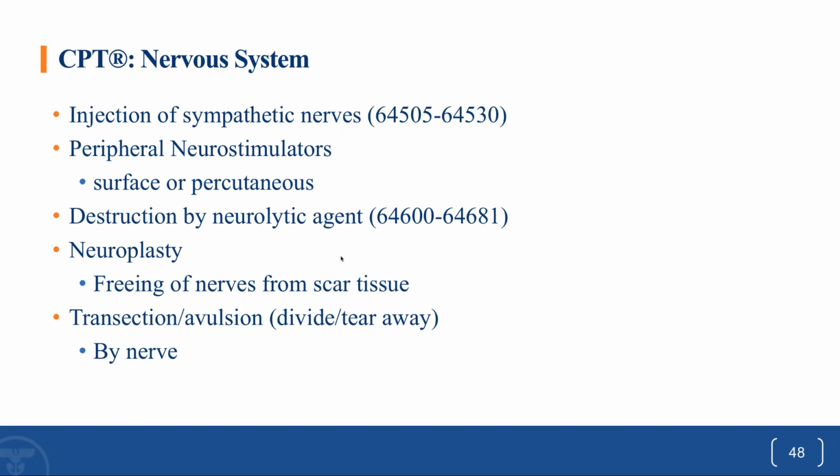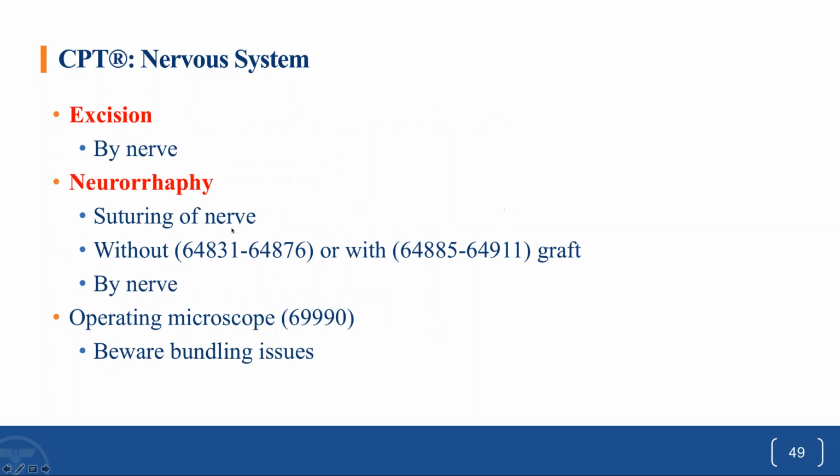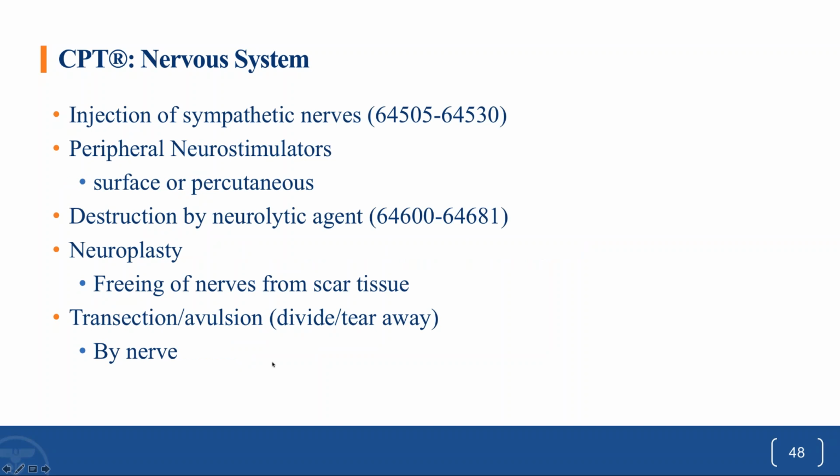If I go to my nerves on my reference page, I can look just for that term, and it's going to tell me what page to go to. Now, let me go back. So we're on page 396. Look at CPT code 64642. Highlight that.